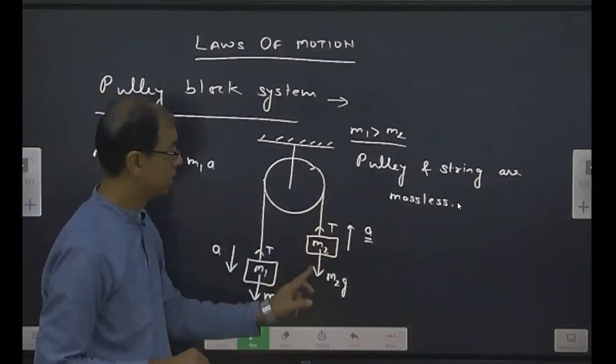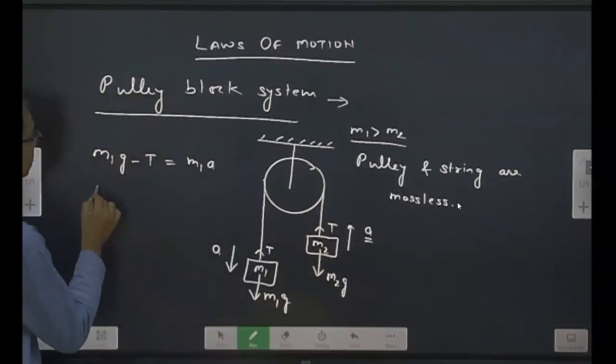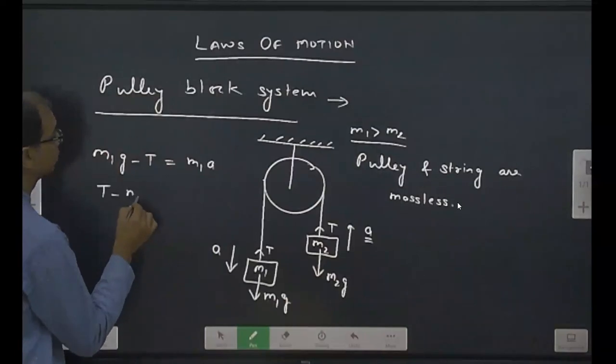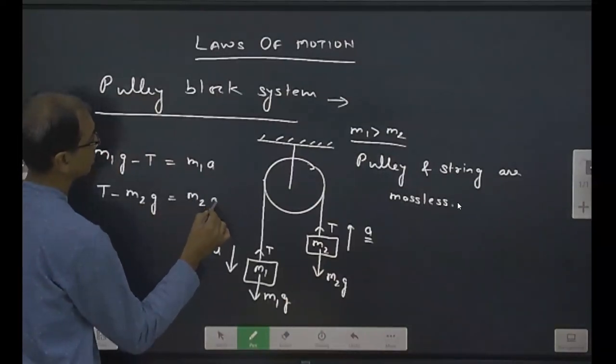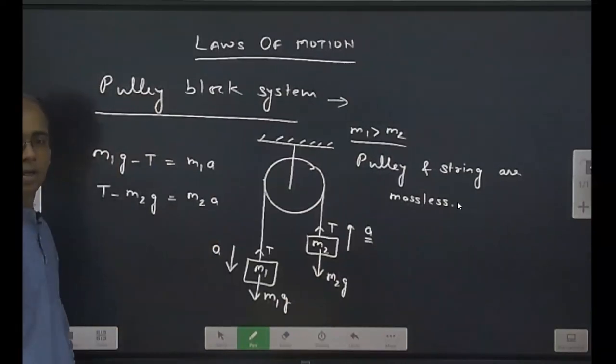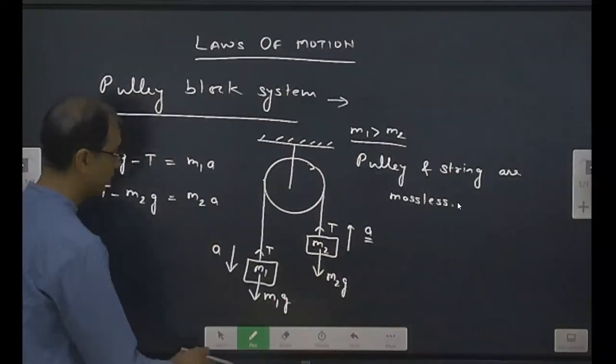So obviously T is greater than m2g. That's why it's going upwards. So we'll write the resultant force: T minus m2g equal to m2a. Both equations we have to have. And from these equations, we have to get tension as well as acceleration. So let's solve them.